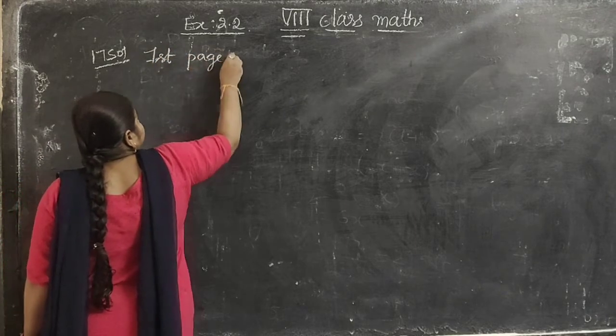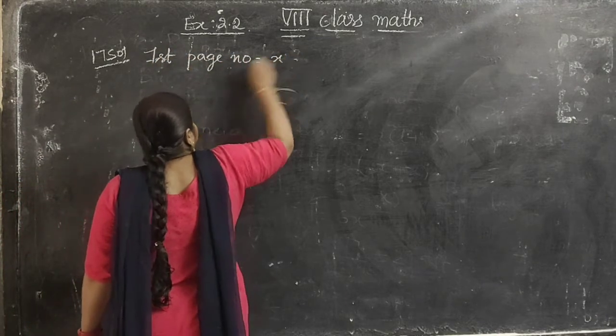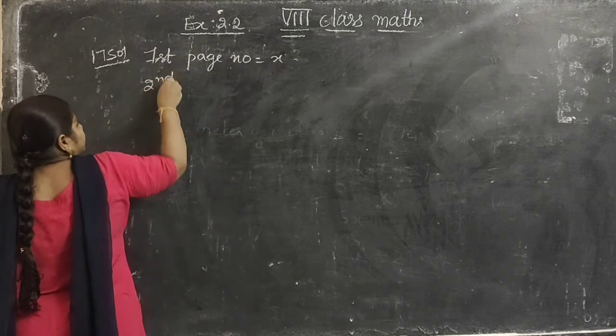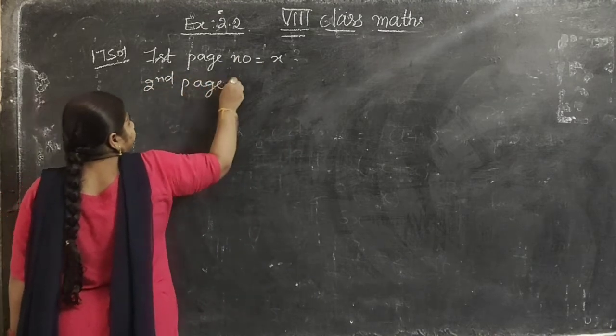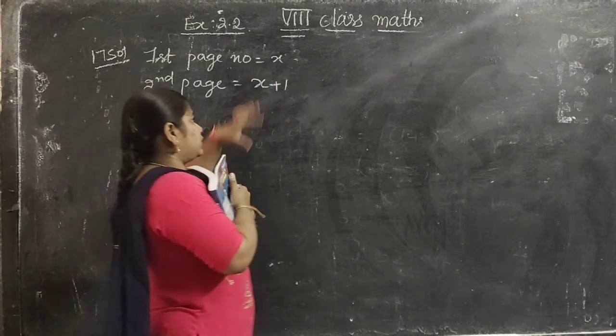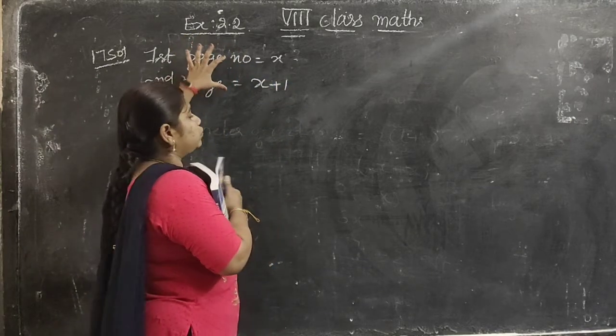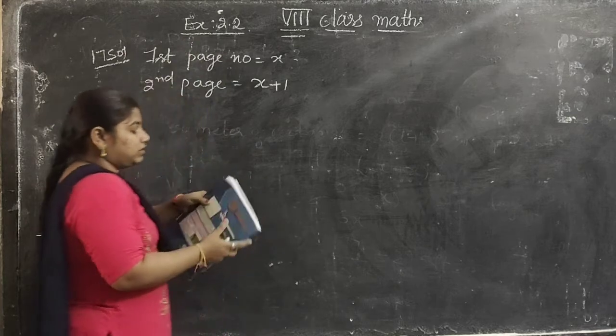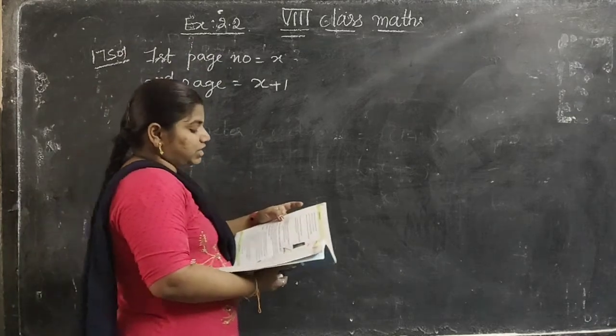First page number I am taking as x, and second page number I am taking in the form of x plus 1. And if you add this x and x plus 1, the page numbers of these two, how much do they get? That is 373.